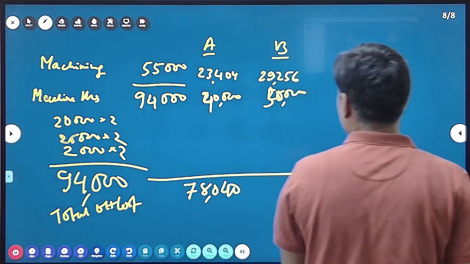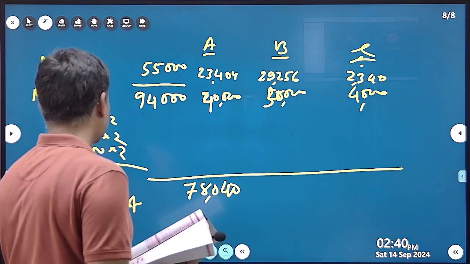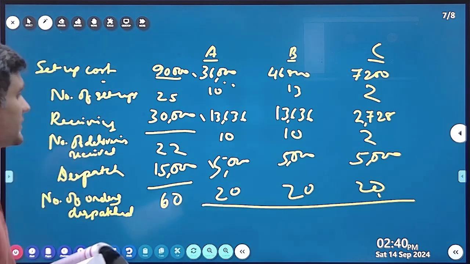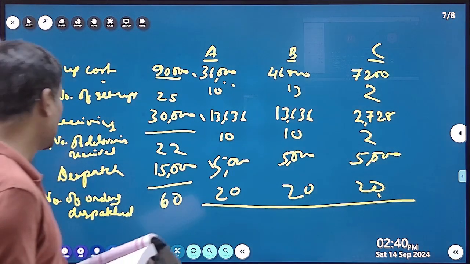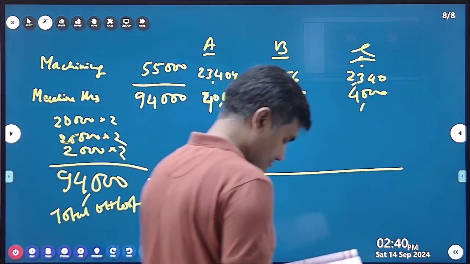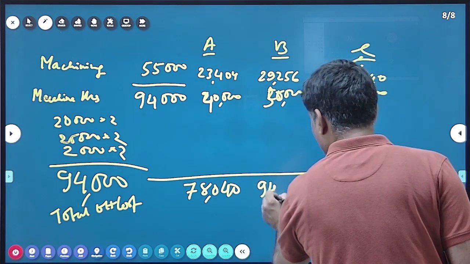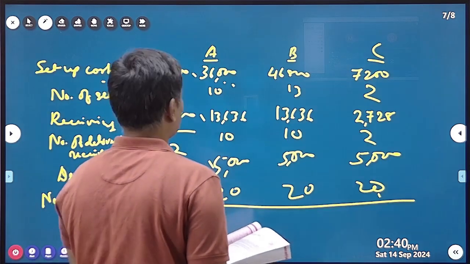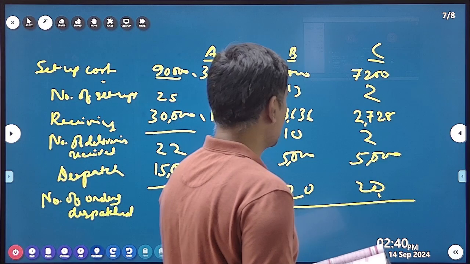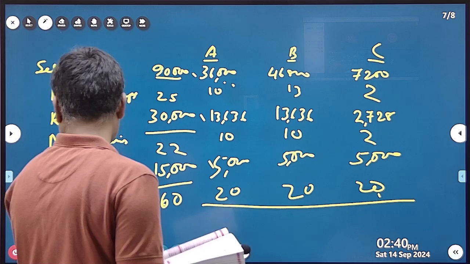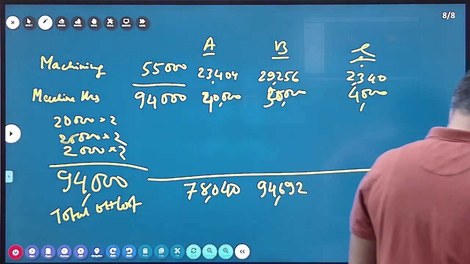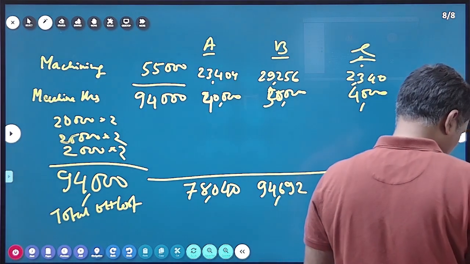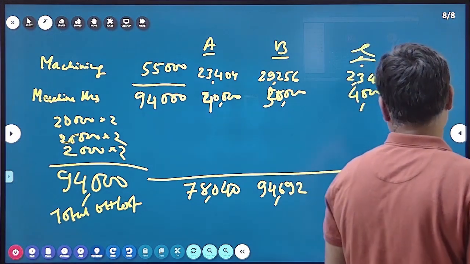78,040 will come to 29,256 plus 46,800 plus 13,636, then 13,636 plus 5,000, 23,440 plus 7,200 plus 2,728 plus 5,000.